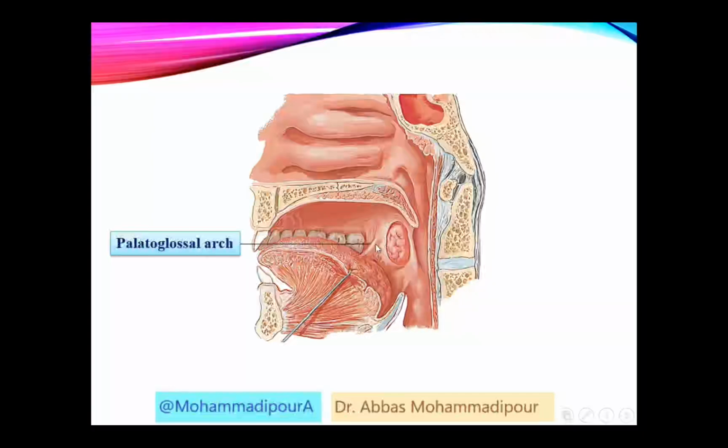Here is the palatoglossal arch. The posterior one, which extends from the soft palate to the internal surface of the pharyngeal wall, is called palatopharyngeal arch or palatopharyngeal fold.